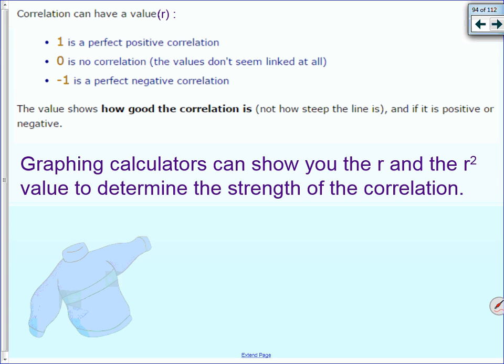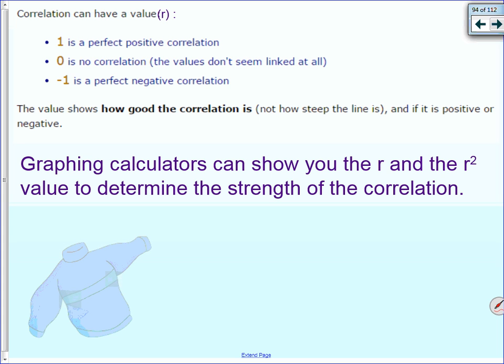Now, with all of these values, we have lines that either really do a good job at modeling data or really do a poor job at modeling data. And there is a number called the correlation coefficient.